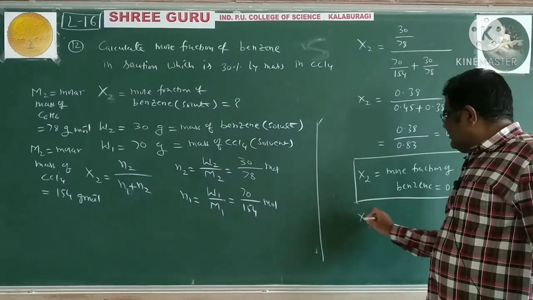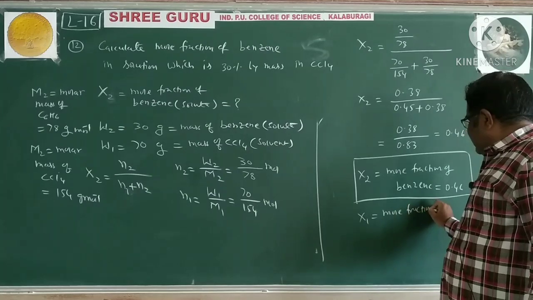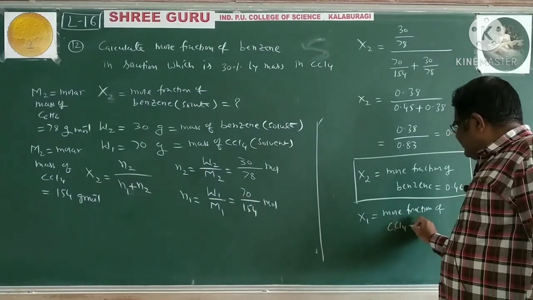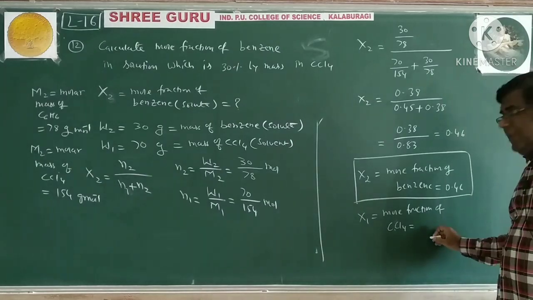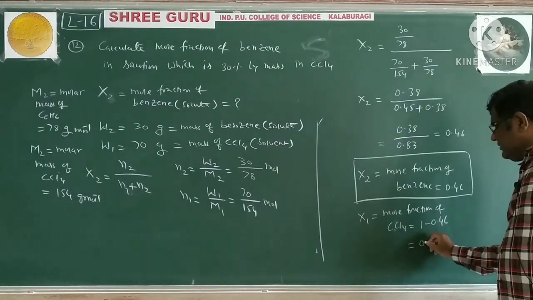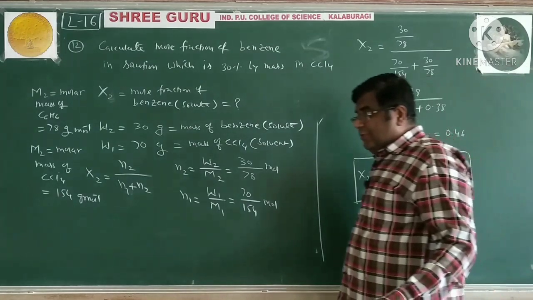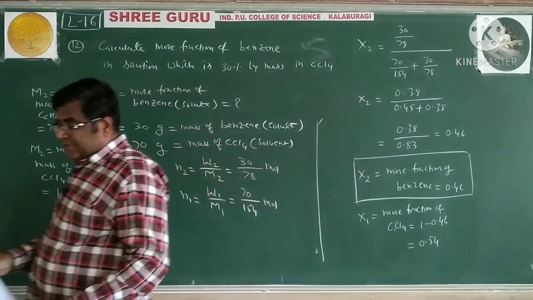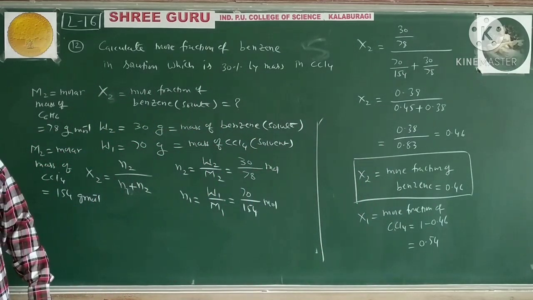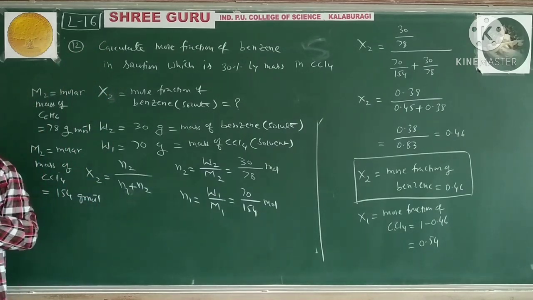But if they ask the mole fraction of carbon tetrachloride, we should say 1 minus 0.46, which is I think 0.54. There is no unit for mole fraction because it is the ratio of number of moles. So this is the last question on the mole fraction.